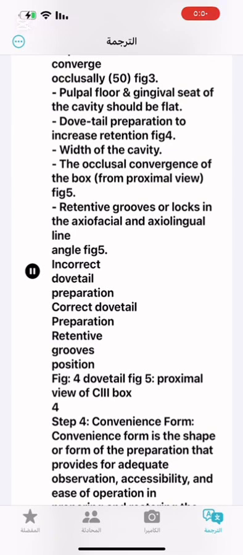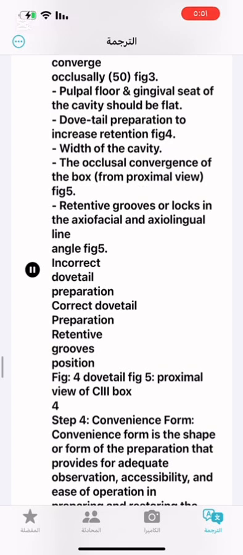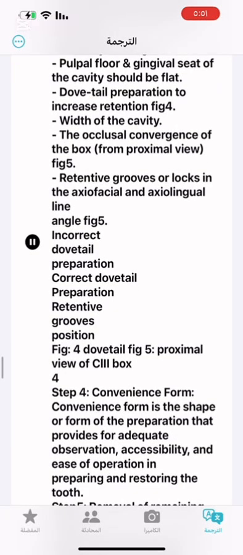Proper depth of the initial entry cut is 1.5-2 millimeters, while maintaining the same depth and bur orientation. Move the bur to extend the outline to include the central groove and the opposite pit, Fig 6b.